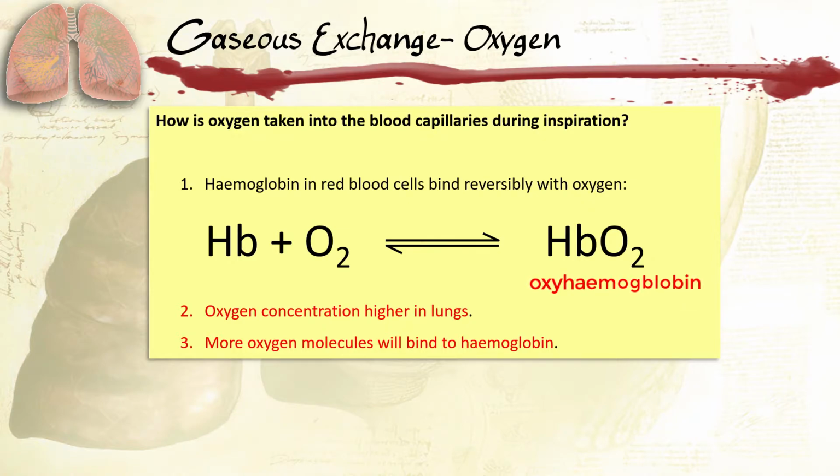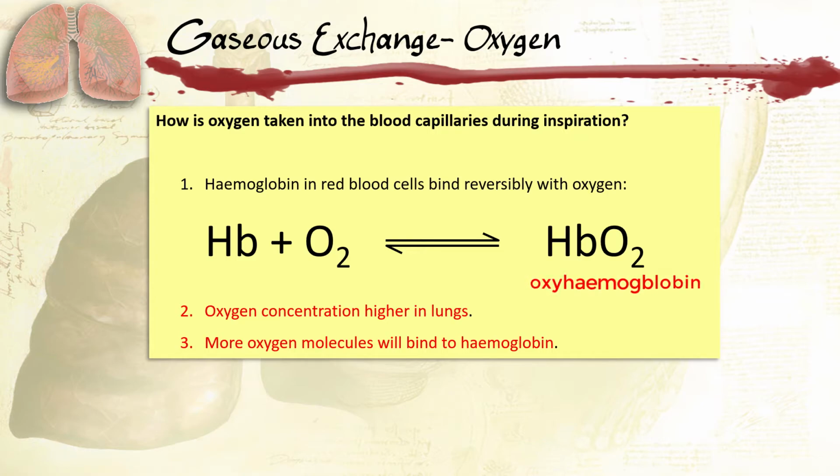Whereas in the respiring muscle cell, the concentration of oxygen is low because the muscle cell undergoes aerobic respiration using up the oxygen. So when the oxygen concentration is low at the muscle area, oxygen will dissociate from the hemoglobin and diffuse into the muscle, allowing it to continue its aerobic respiration.